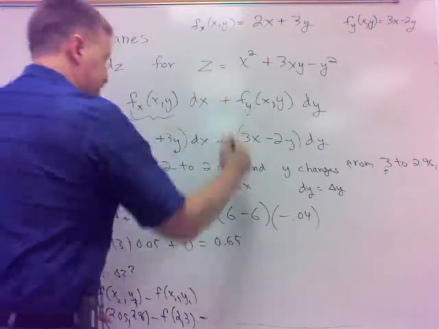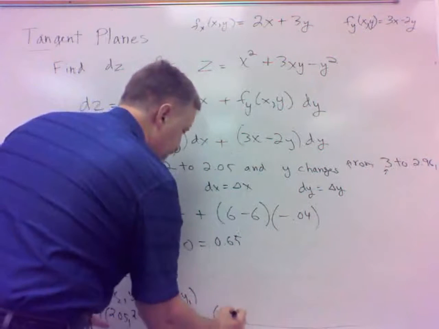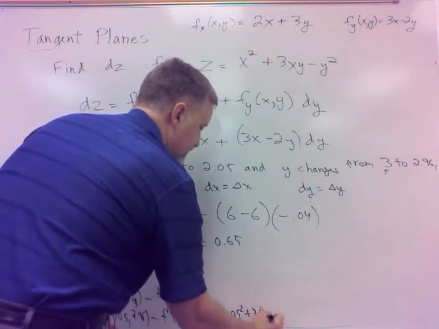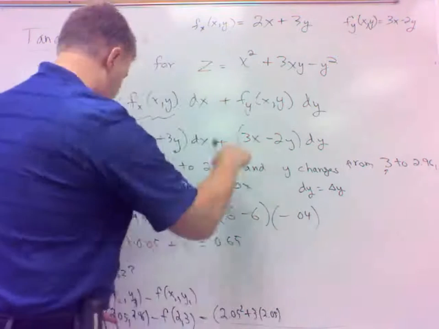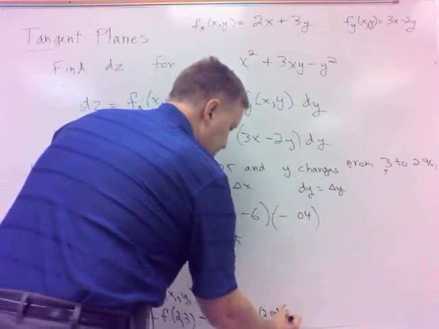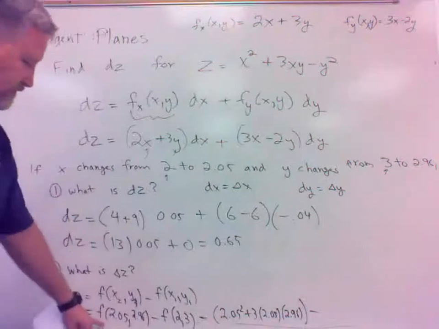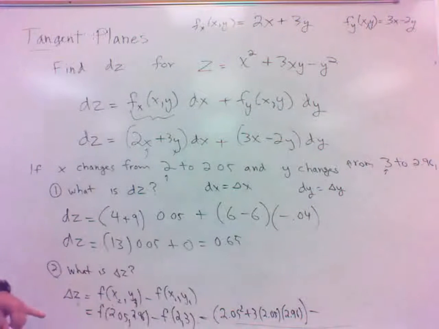2.05 squared plus 3 times 2.05 times 2.96 minus 2.96 squared, so that's the first one. Then the second one, have we done that yet? I don't think so.